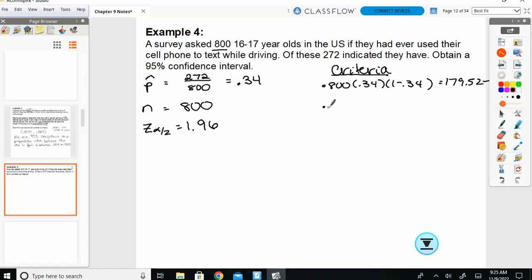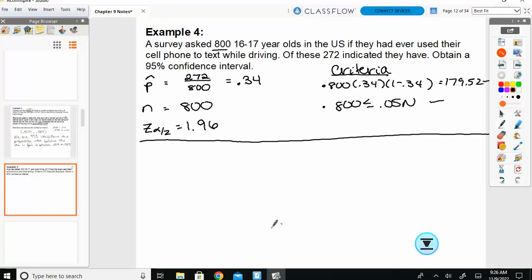Would 800 be less than 5% of all 16 to 17-year-olds? So now we can actually do the confidence interval.